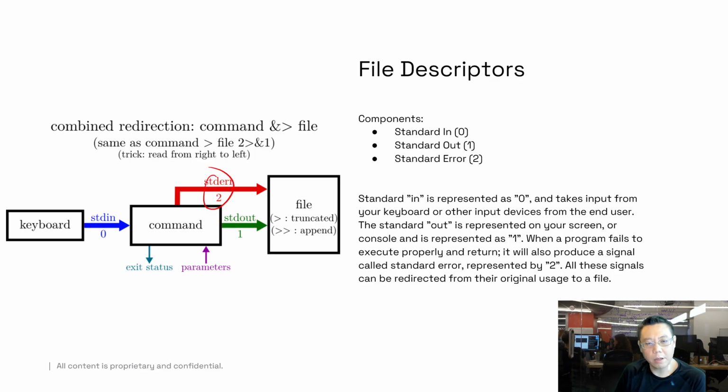So if you ran a command and you ran it with the wrong syntax or something happened, standard error is also a stream. And any one of these can be redirected to a file. In fact, you can even redirect standard in from a file to a command.